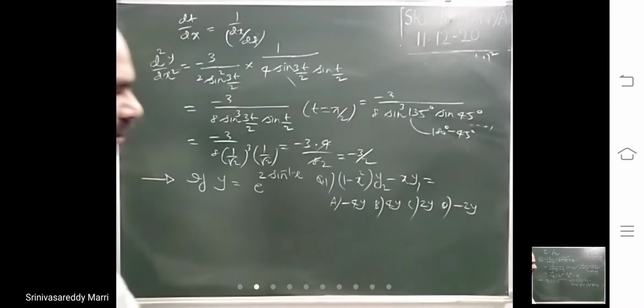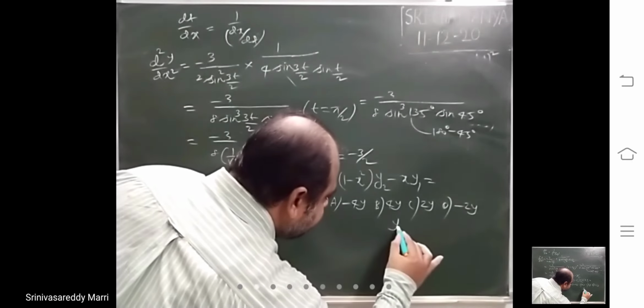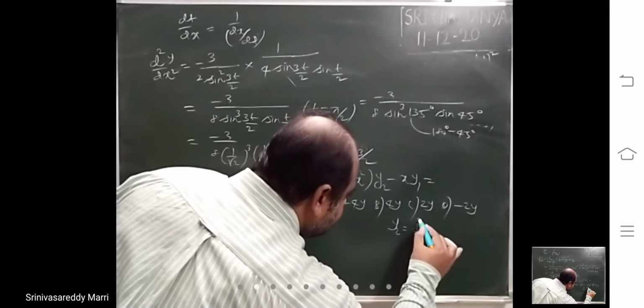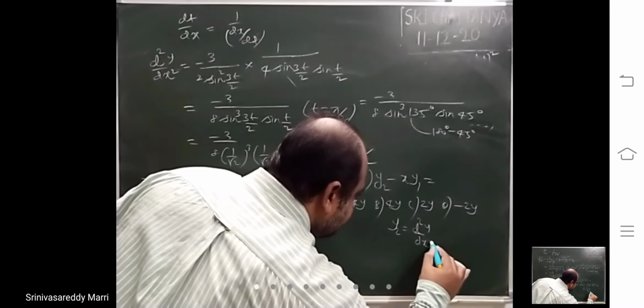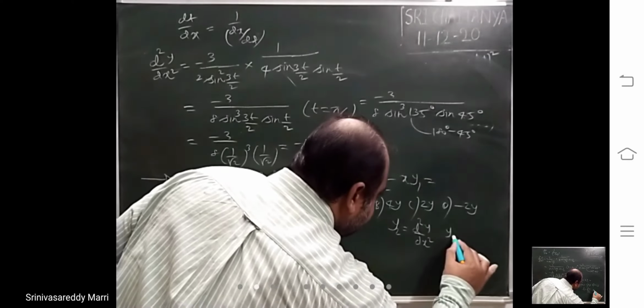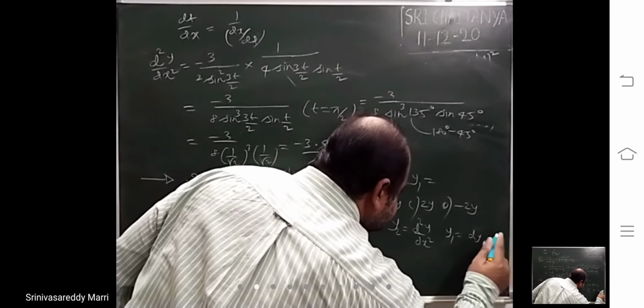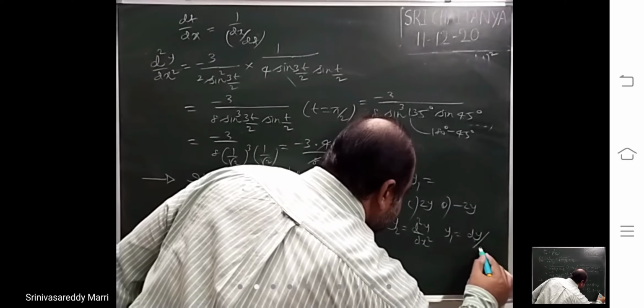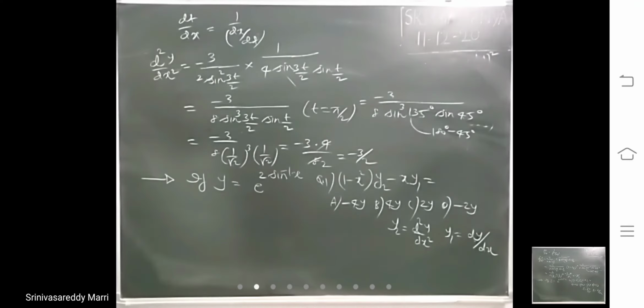Look at this model. y2 means second order derivative, y1 means first order derivative. Instead of giving like that, he will give y2 and y1, meaning second order derivative and first order derivative.